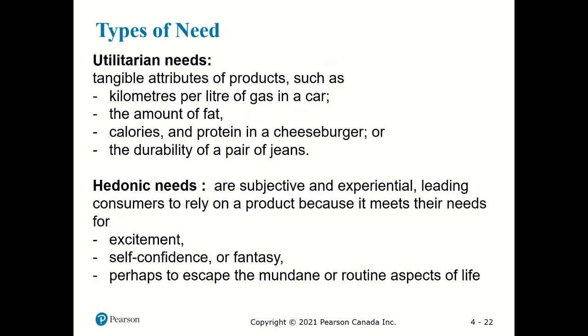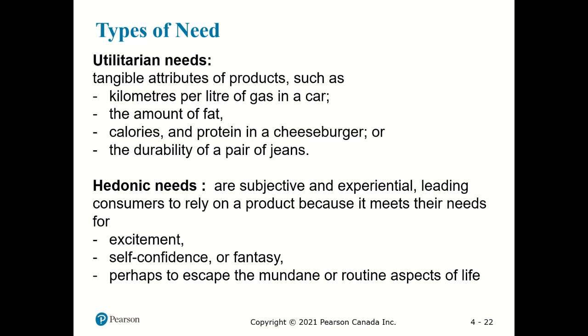Some examples here: utilitarian needs are the tangible attributes of the product, such as kilometers per liter or gas in a car, amount of fat in some product, calories and protein in a cheeseburger, and the durability of a pair of jeans. So that is utilitarian need.